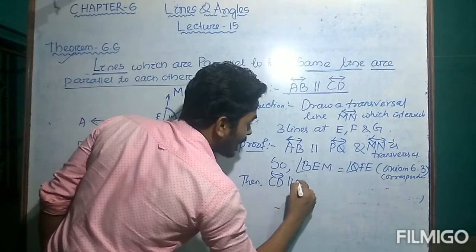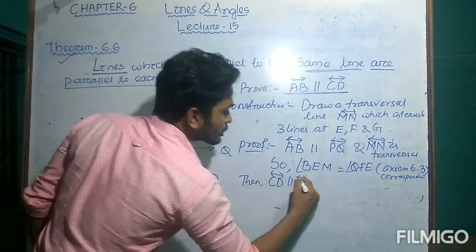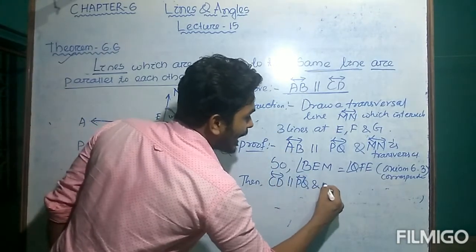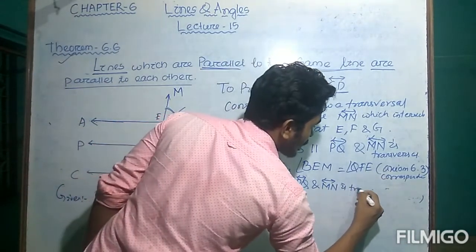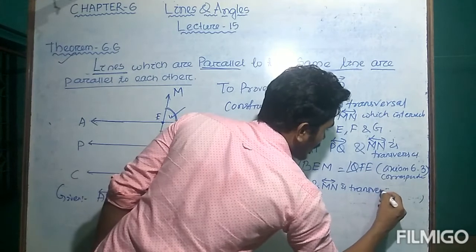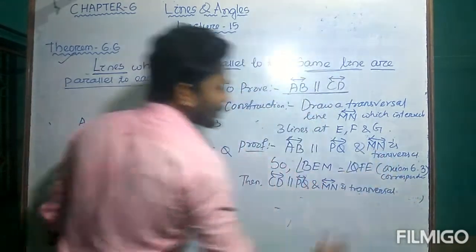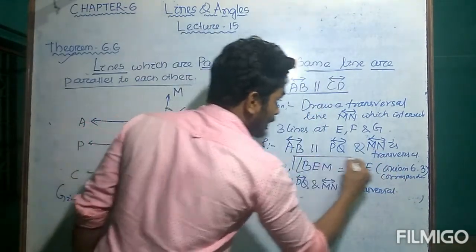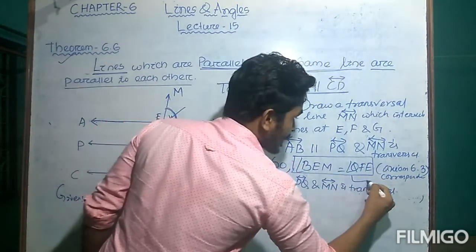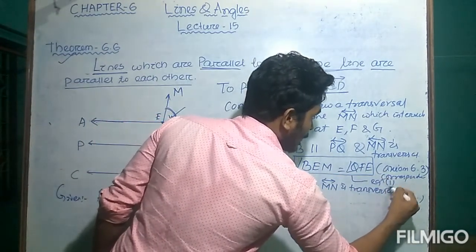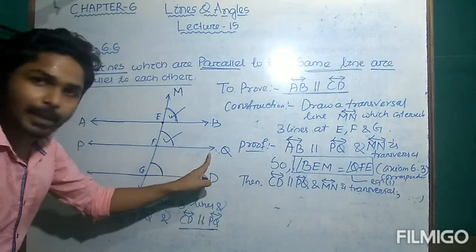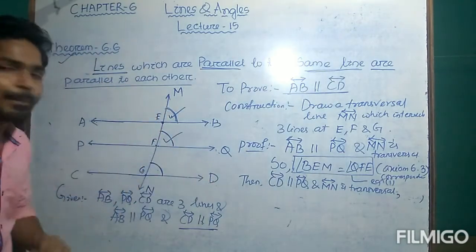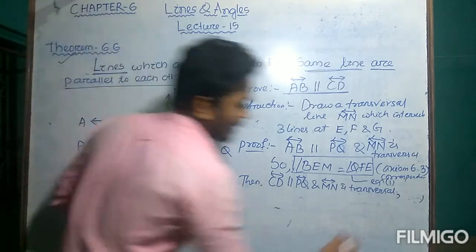CD is parallel to PQ, and MN is transversal. First, consider it as equation 1. So here the line CD is parallel to the line PQ and the line MN is the transversal line.